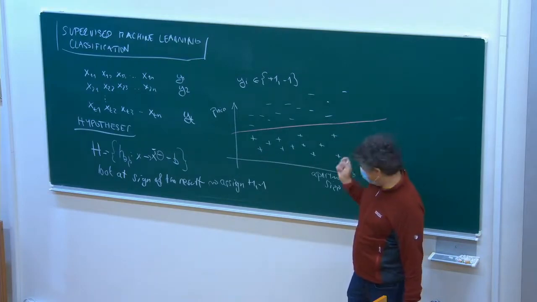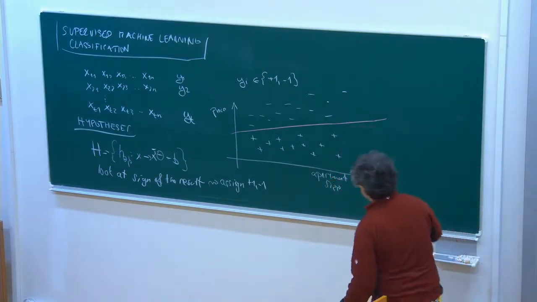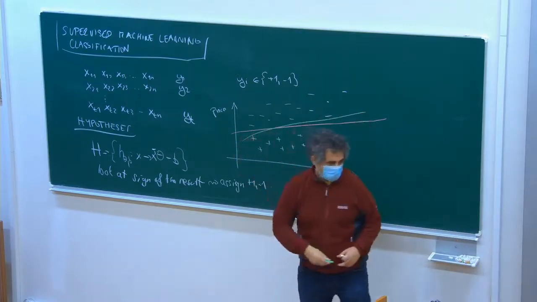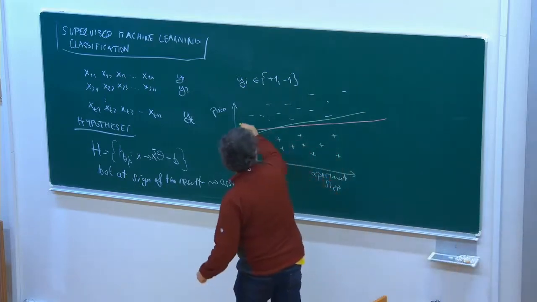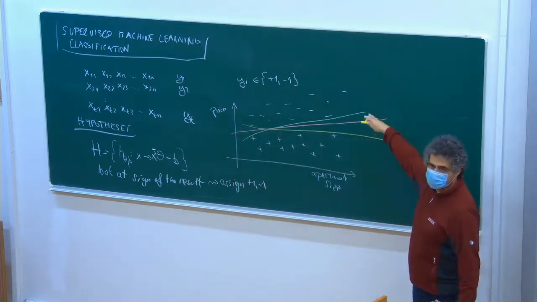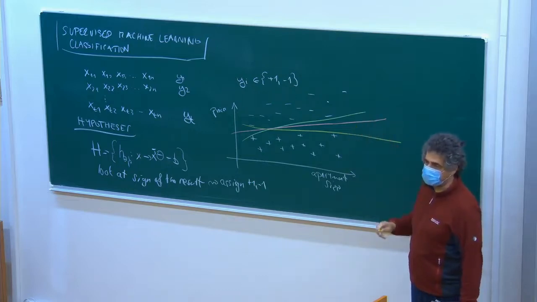You can also use maybe this line, or maybe this line. All of these satisfy my basic condition that they should discriminate the training set perfectly.